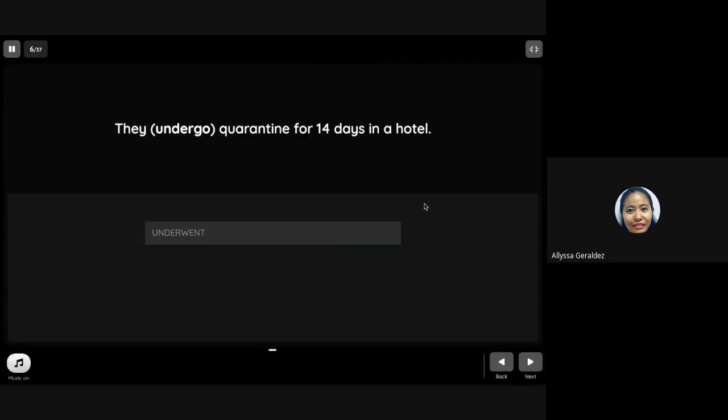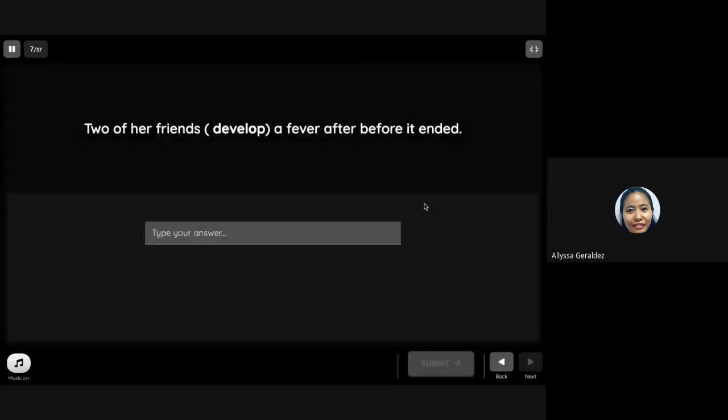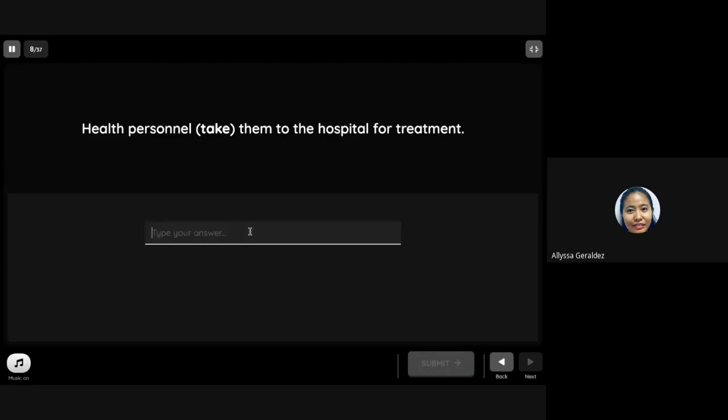Okay. Another point for that. Two of her friends developed a fever before it ended. Health personnel take them to the hospital for treatment. Let's try to see if we got it right.